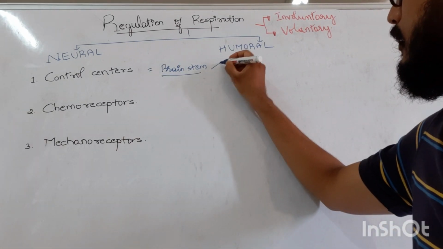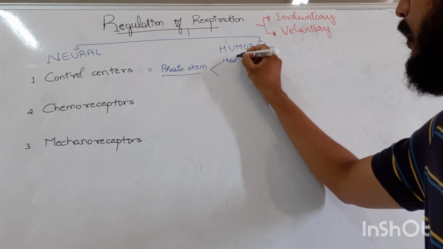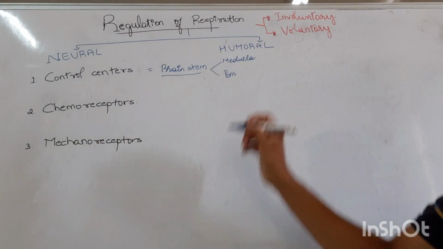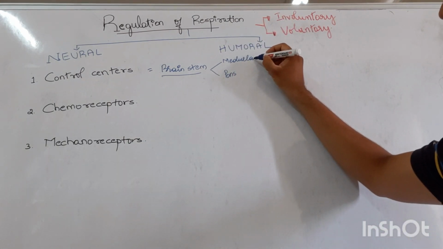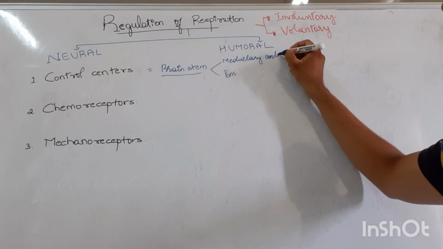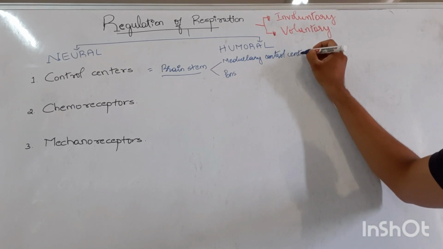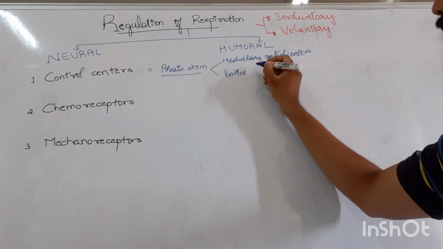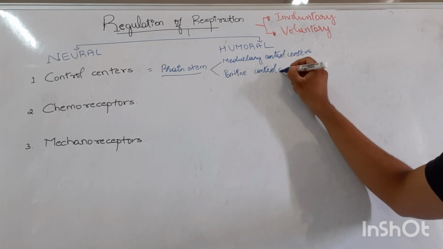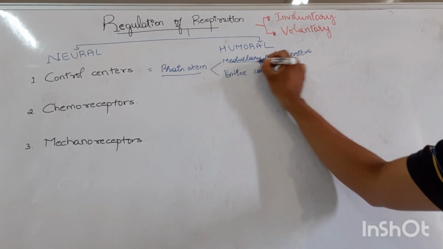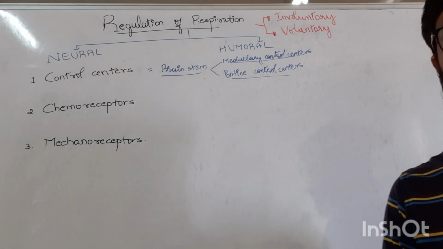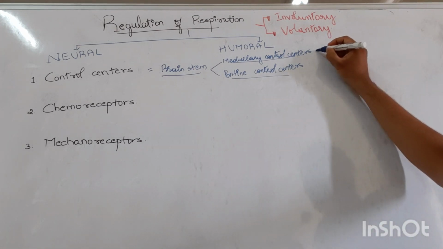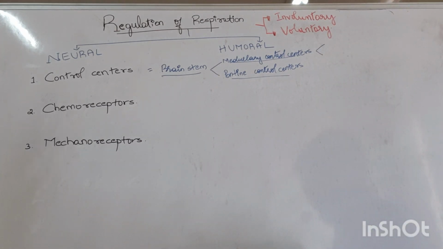They are present in two areas, that is in the medulla and in the pons. Therefore, they are also referred to as medullary control centers and pontine control centers. In the medullary respiratory control centers, we have two important groups of neurons emerging out.